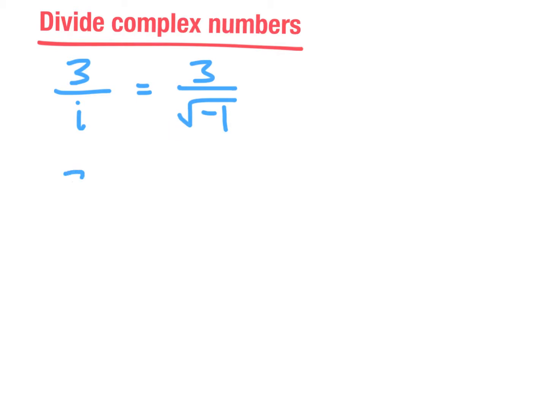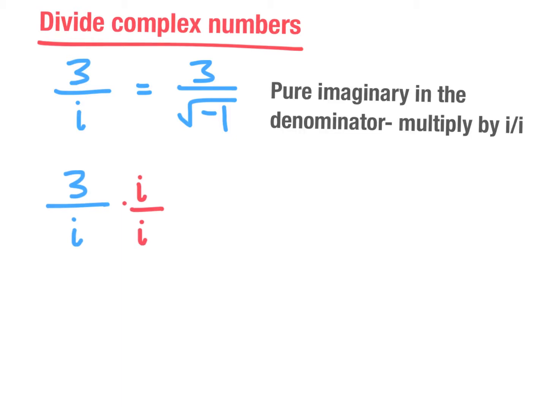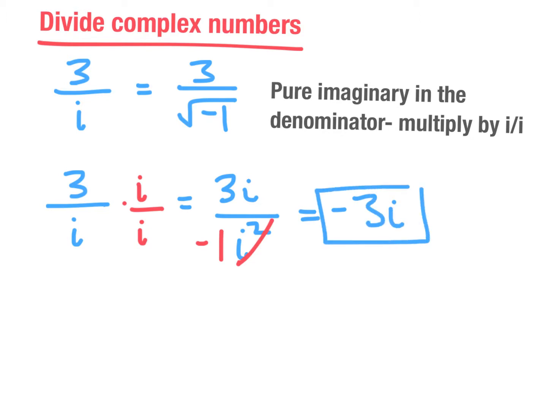So anytime that we have just a pure imaginary number in the denominator, we're going to multiply by i over i. In the numerator, I'd have 3i, and in the denominator, i times i is i squared. Well, i squared is -1, and 3i divided by -1 is -3i. So now I've taken my square root out of the denominator.